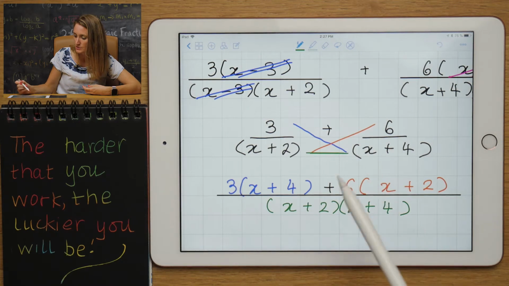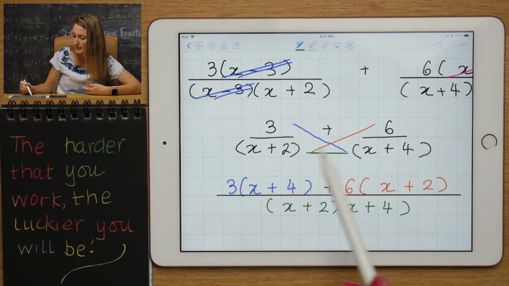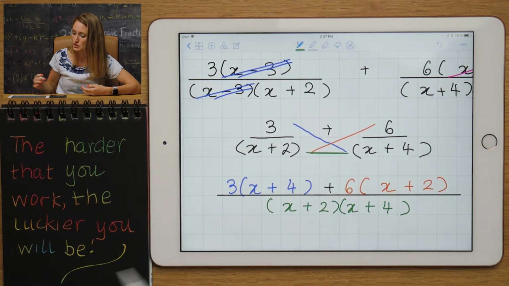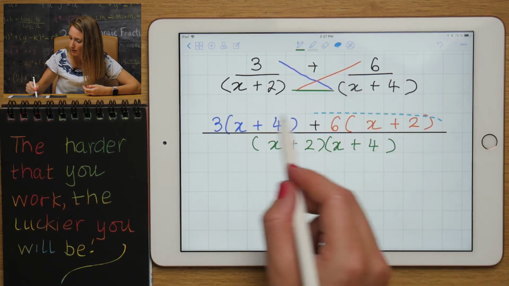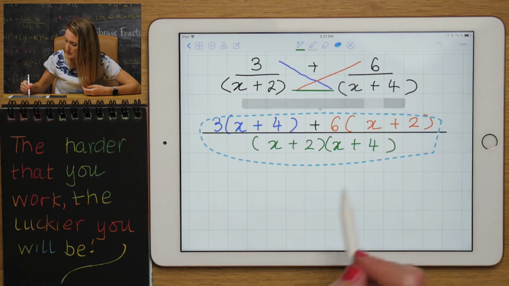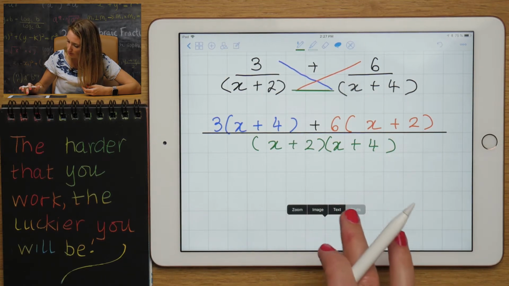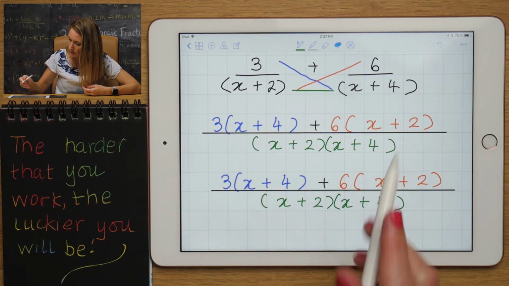The cross multiplication method works well if the bottoms are completely different and there's nothing that they share. The bottom doesn't need to be multiplied out. We talked about that before. You can just leave that as a product of its factors. The top we're going to multiply out.